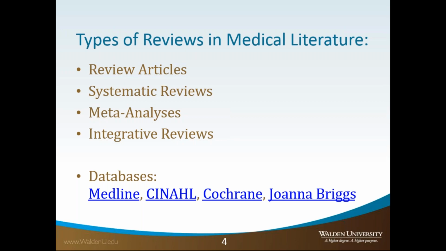Then I'm going to show you how to find specifically reviews that are considered meta-analyses, or reviews that contain a meta-analysis. That's getting into the data being compiled and analyzed in some way. And then I'm going to round out this webinar with showing you how to find integrative reviews. And we'll talk about what that means when we get to it.